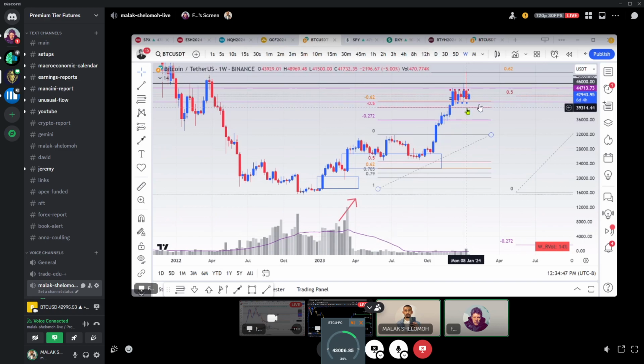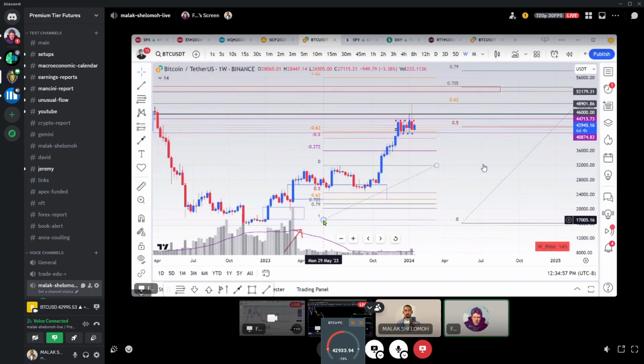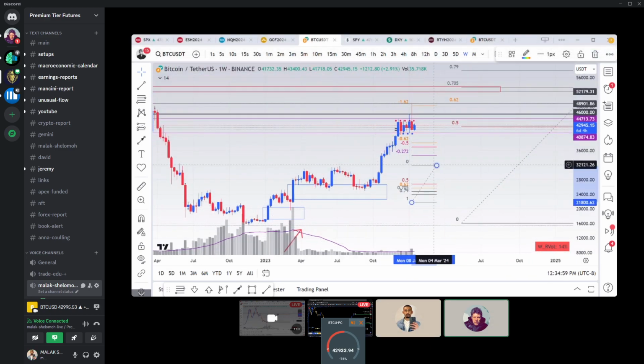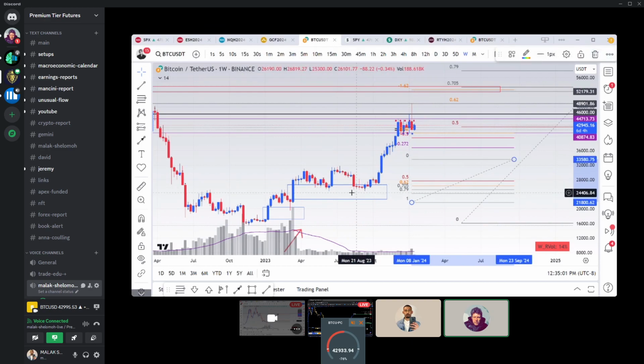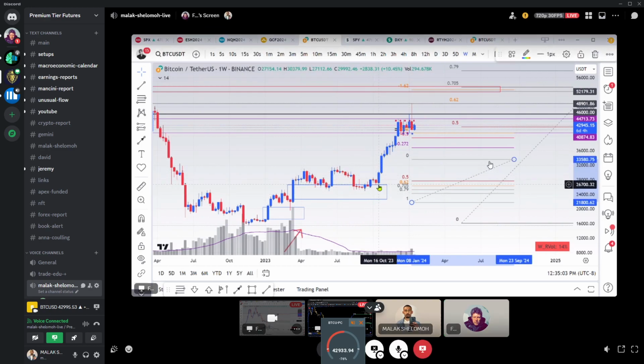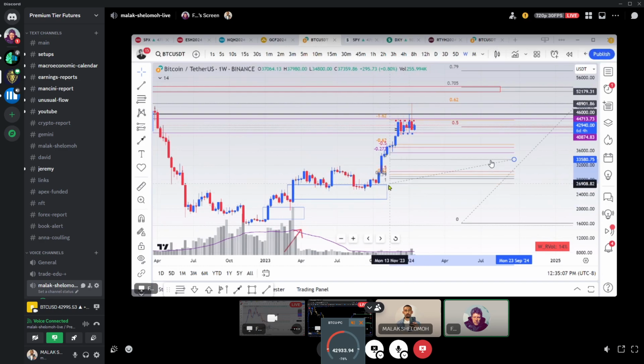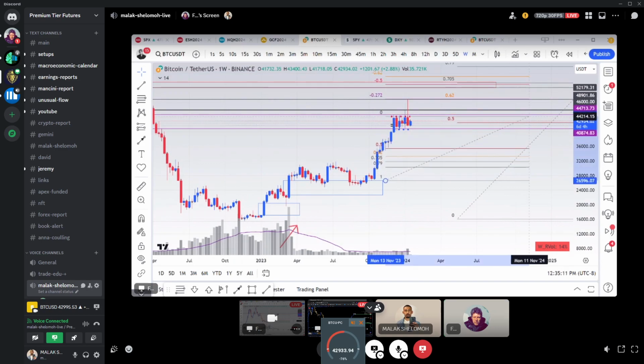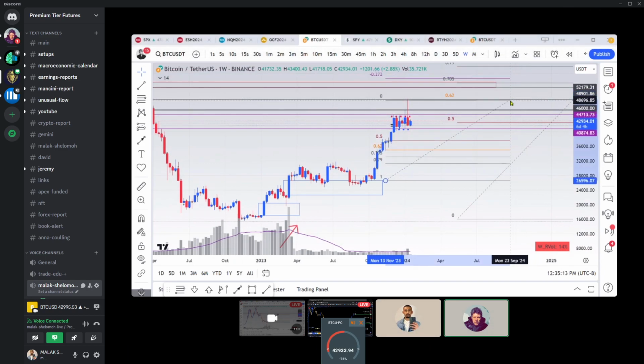And where should it come back to? Like a spring, you know. Let's run a Fibonacci on it so maybe we can see. I'm going to take this candle right here, this sign of strength, as the breakout move, and I'm going to go all the way to the top right here.